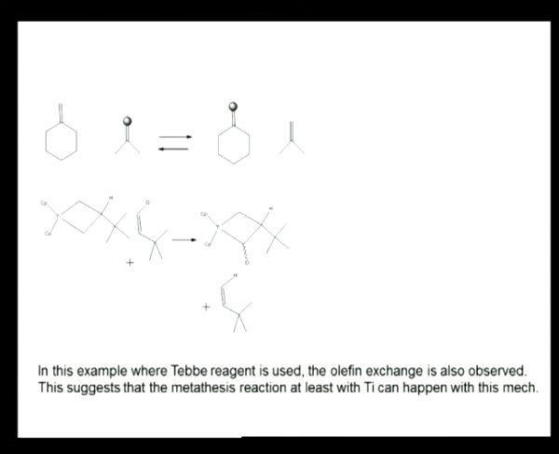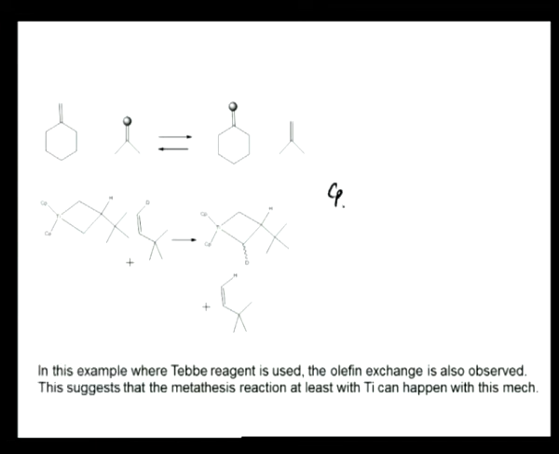And because they used a labeled olefin, they could show that the label was present in the final product. It was a very clear indication that such metallacyclobutanes can exchange olefins, and in fact, an intermediate carbene should have been involved.